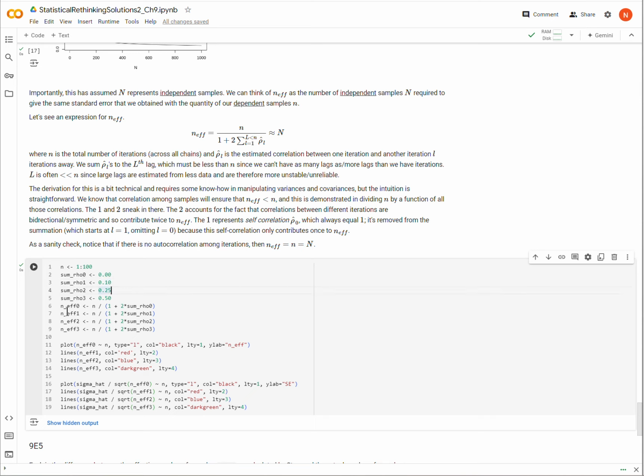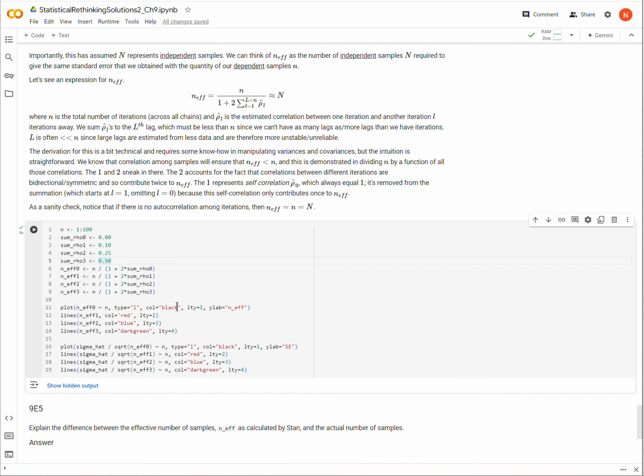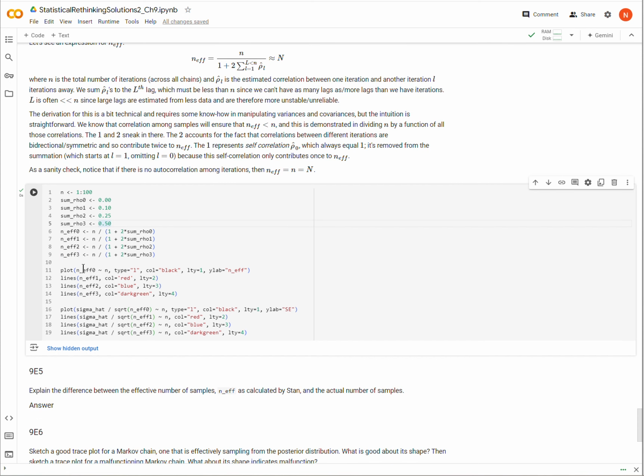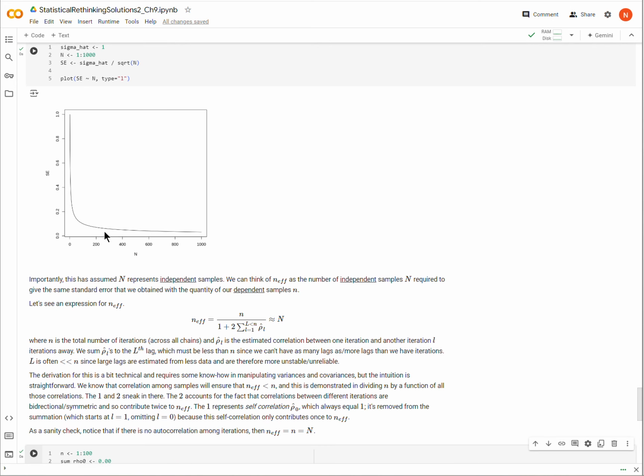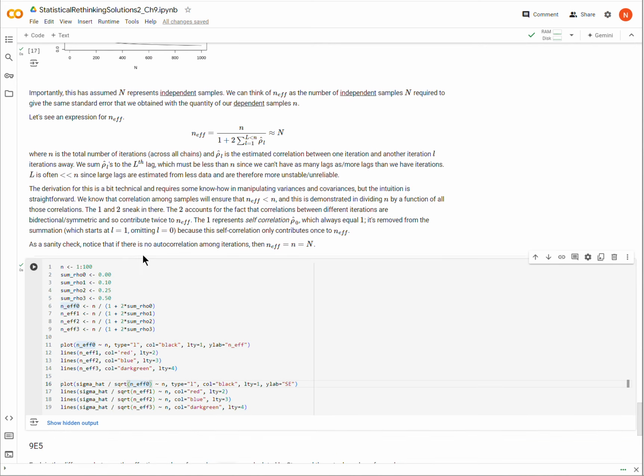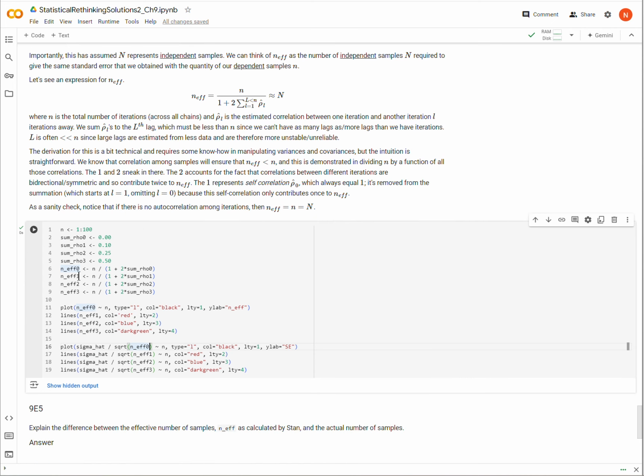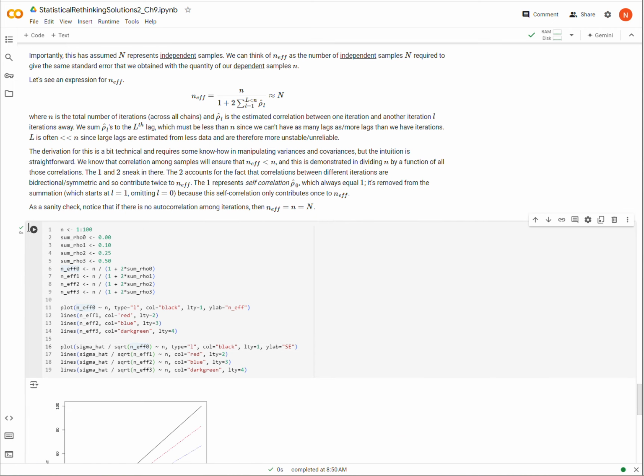Then I'm calculating the number of effective sample sizes for each of those rows, and I'm going to plot the number of effective sample sizes. I'm also going to plot the standard error of those different correlations. So let me run that.